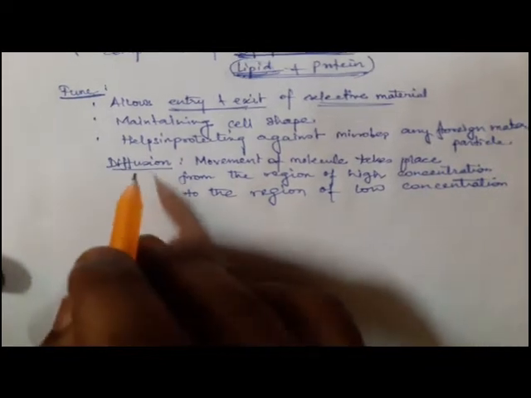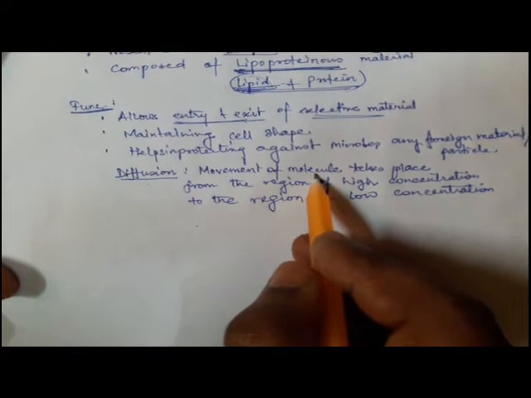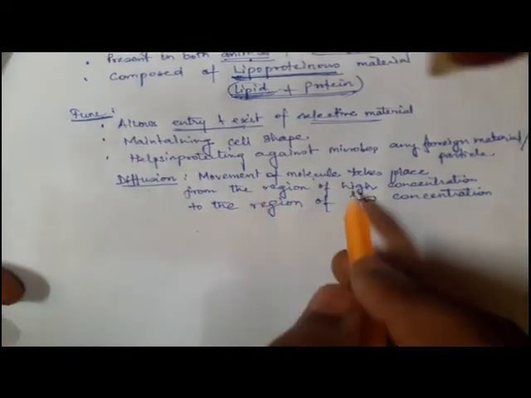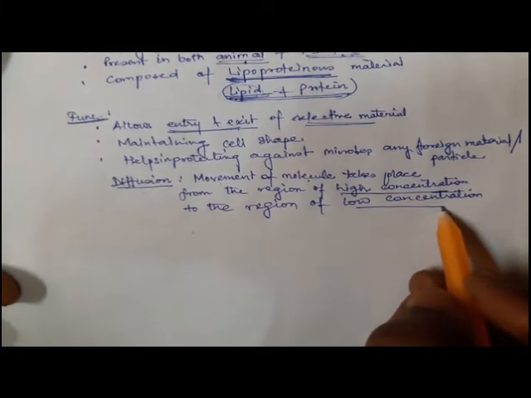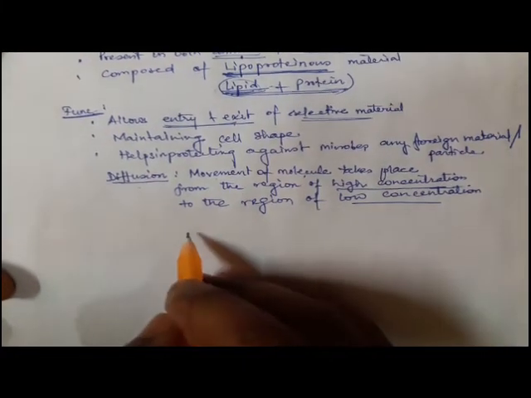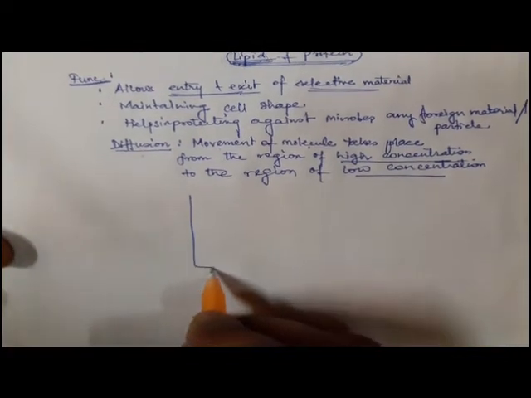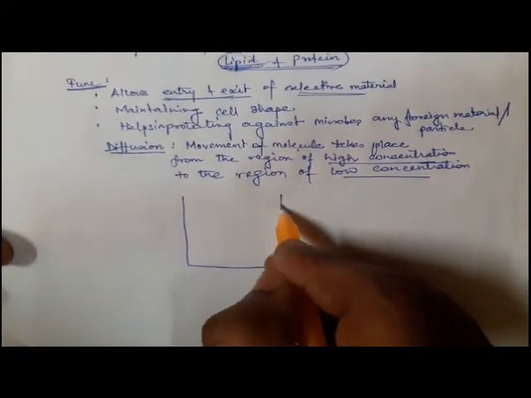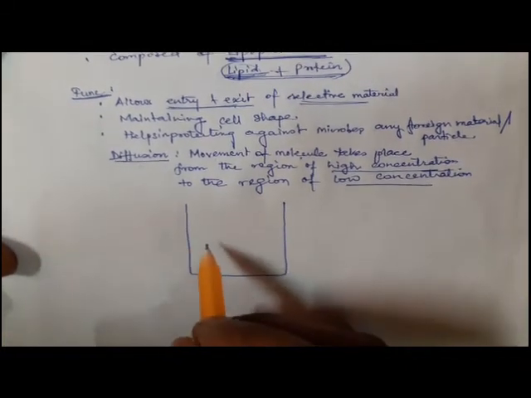Now, let us explain with the help of a diagram. Right. So, what did I say? Diffusion is the movement of molecules which takes place from the region of high concentration to the region of low concentration. Now, let us understand with the help of a diagram. Here I'm drawing the structure of a beaker.